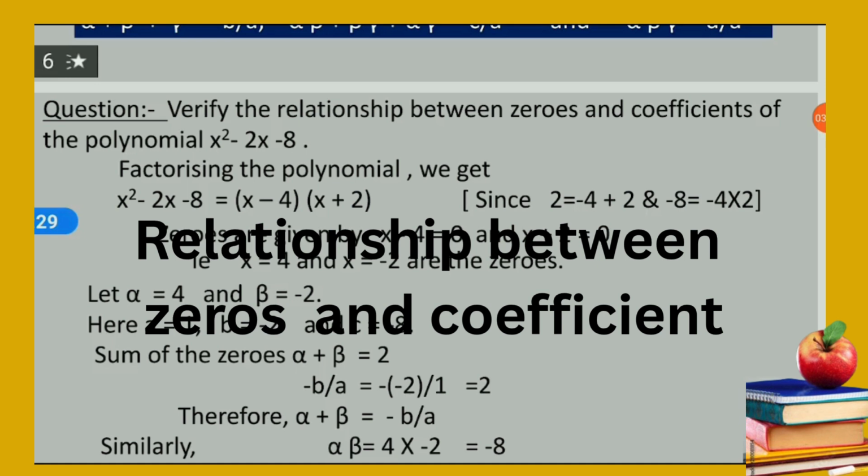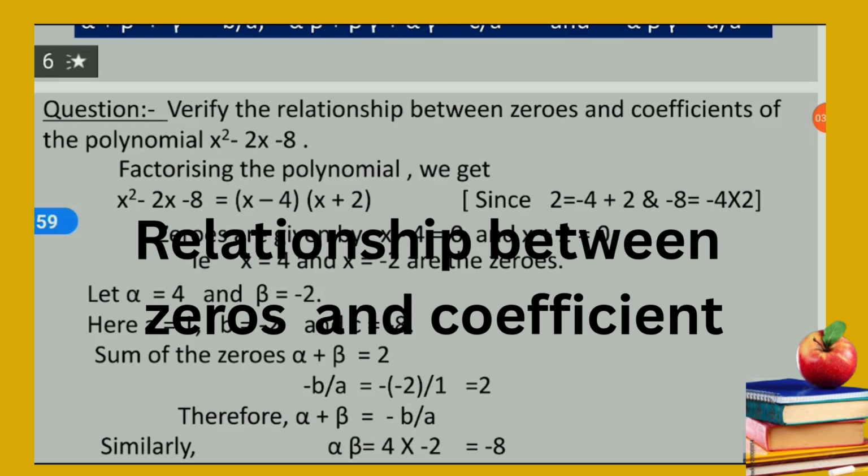Now, splitting the middle term, the sum of zeros is −2 and the product of zeros is −8. The sum being −2 means the roots may be −4 and 2. That is, using the splitting the middle term idea, we can write x² − 2x − 8 = (x − 4)(x + 2).